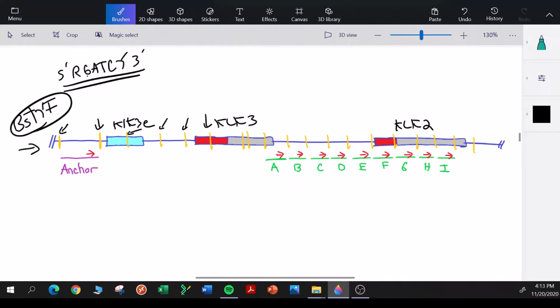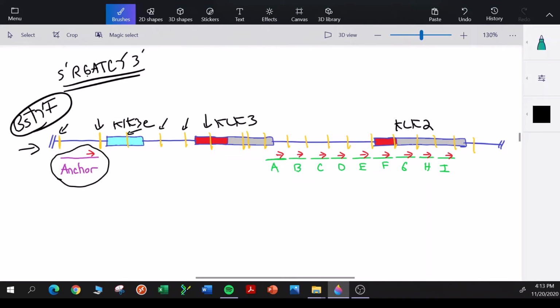Now, once we have a diagram like this and we know where BstYI is going to cut, we can define the certain fragments that we want to test for interaction in the 3C assay. So we need to define one fragment as the anchor. So the anchor is going to be way over here, right next to the KLK3 enhancer.